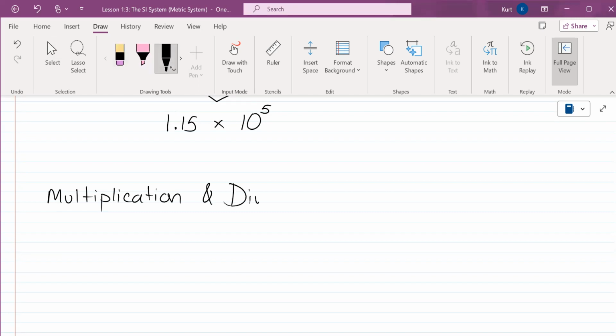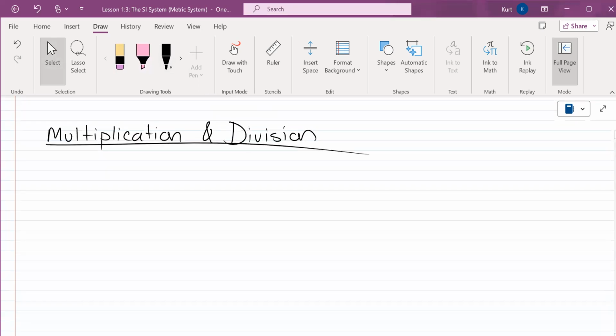Multiplication and division. You don't have to do any readjusting before you actually do the math. You're going to multiply or divide the coefficients.